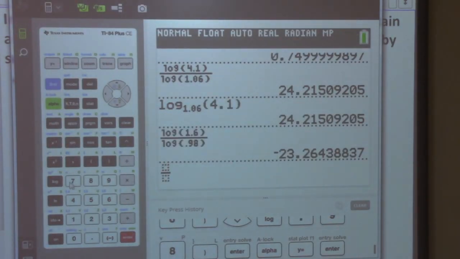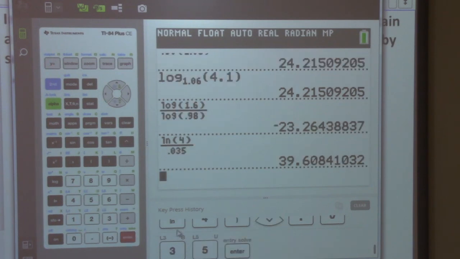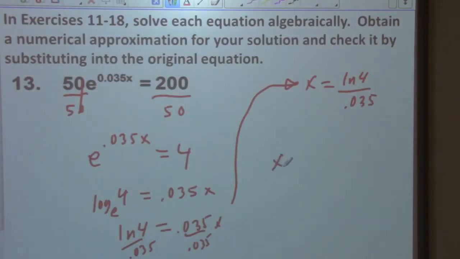We have ln 4 divided by 0.035. Is that what you got for it? 39.608, does that look familiar? Is that what you got, Karina?